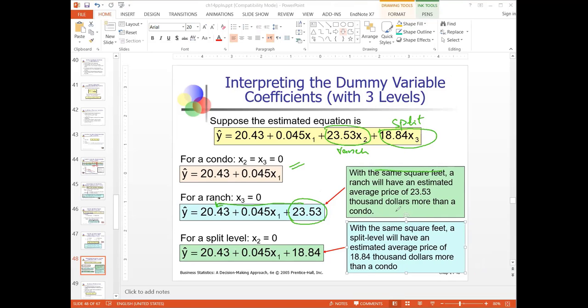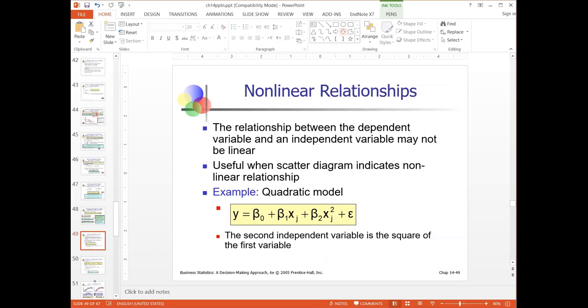And for the same square feet, a split level house will have an estimated price $18,400 more. So it is more expensive than the condo. Since the dummy variable has 3 levels, we have 3 equations: an equation for condo, an equation for ranch, and an equation for split level.